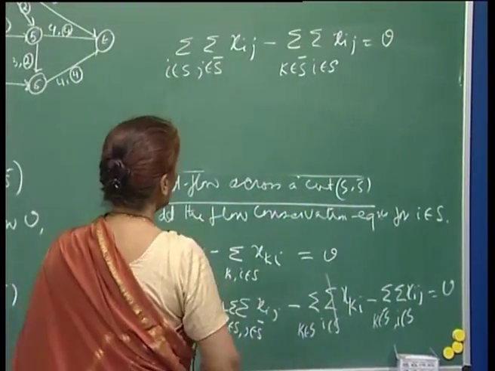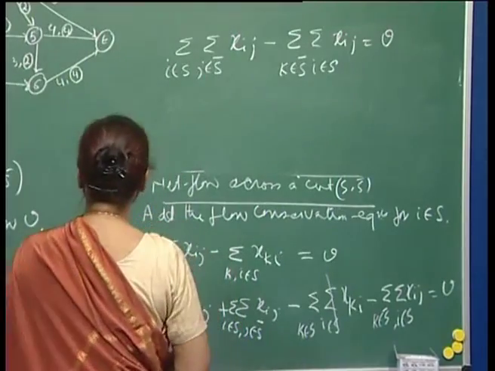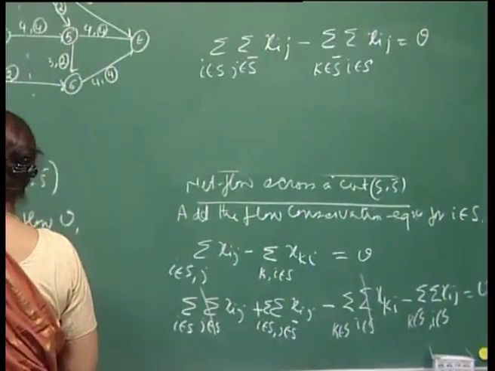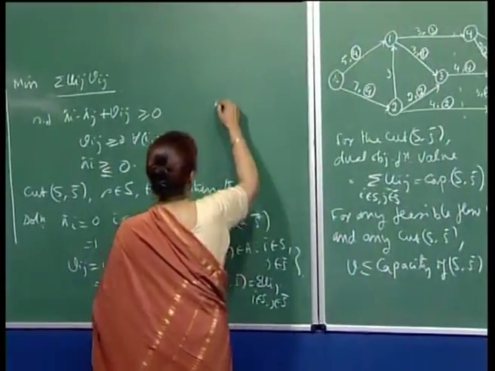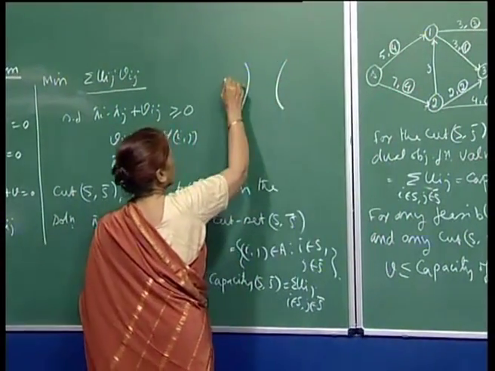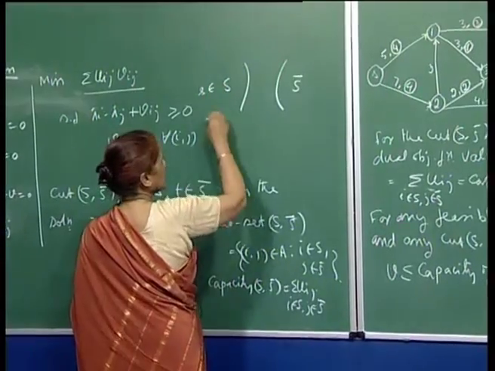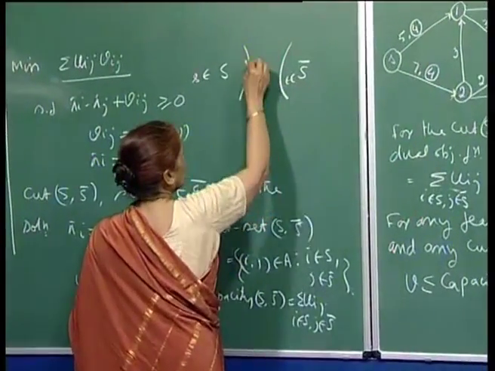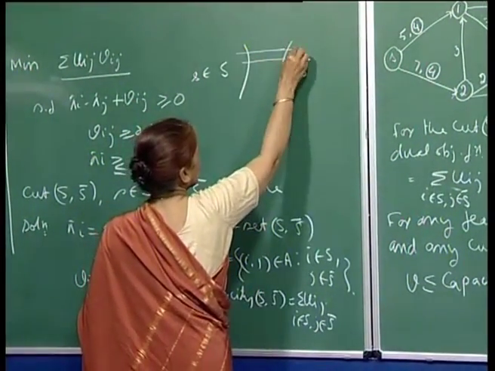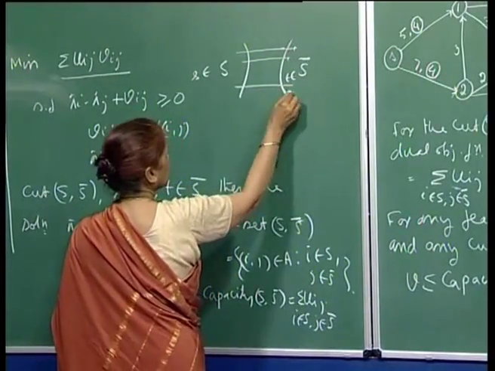So, what we are saying is, maybe I can draw the diagram here. This is S and this is S bar, and your small s belongs here and your t belongs here. You have arcs going like this, and then arcs going like this.